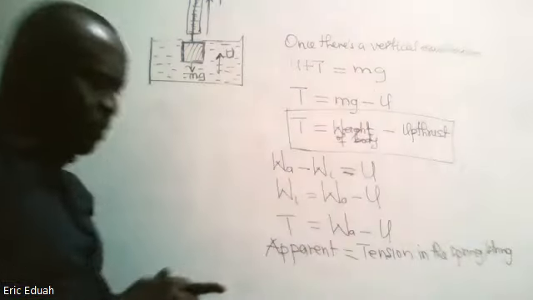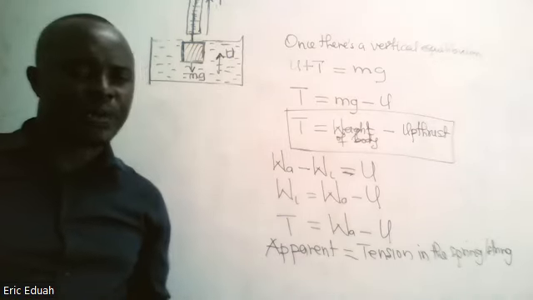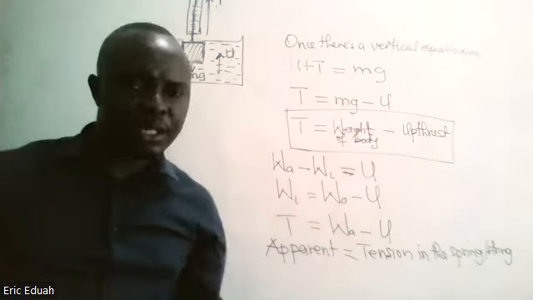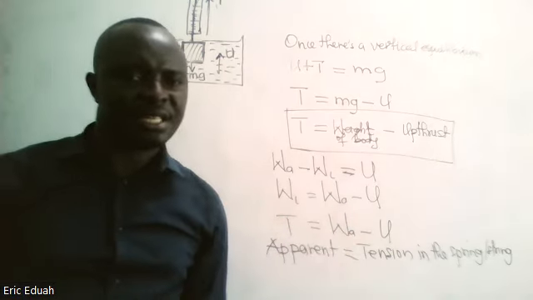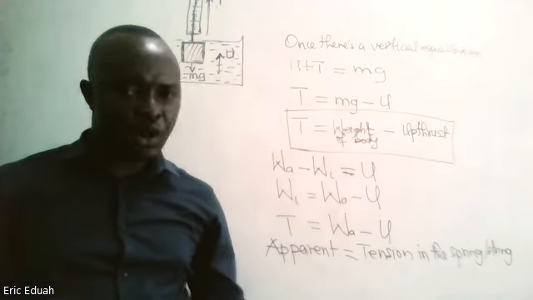So when the question demands that you find the tension in the string, finding the apparent weight is the same as the tension within the string from these two considerations. Are we okay?